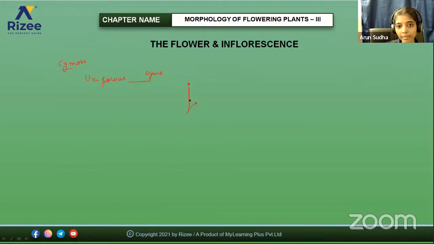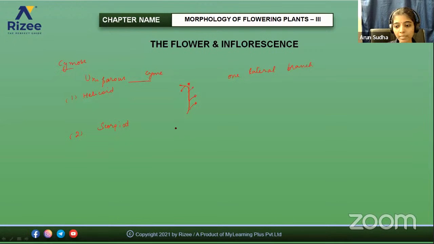So there will be lateral branches here. Here, one lateral branch. So in the case of uniparous, the peduncle ending in a flower produces one lateral branch. And in this case, there are two types. One is the helicoid type and another one is the scorpioid type.